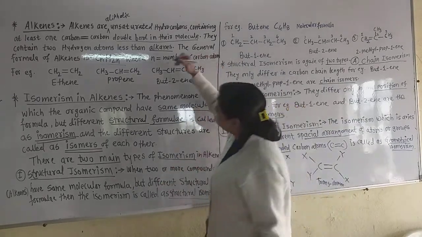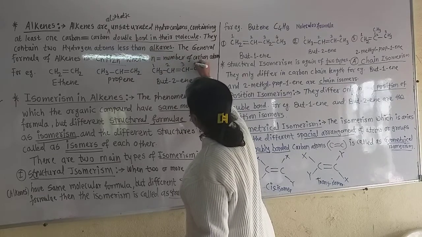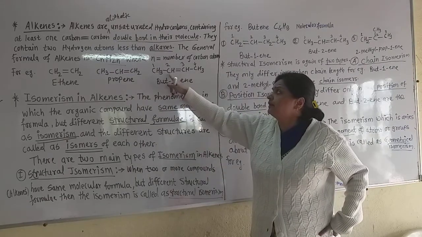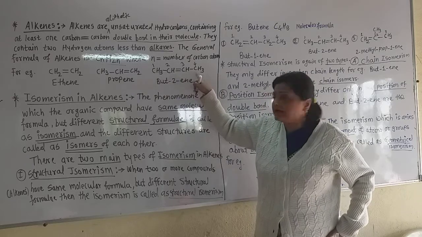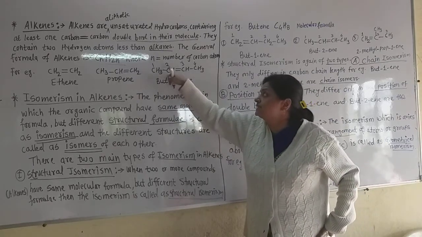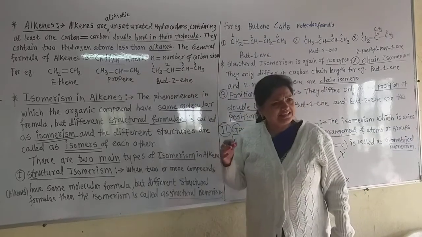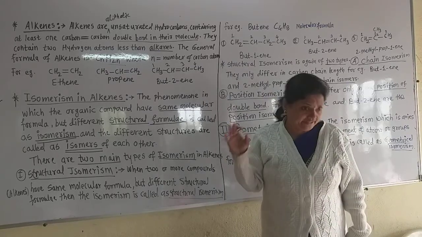Now see here I number in this way: 1, 2, 3, 4. Now this second carbon has the double bond first. And as it contains 4 carbons, it is butene, but it is the second carbon that has the double bond. In former days, they gave the IUPAC name as 2-butene.